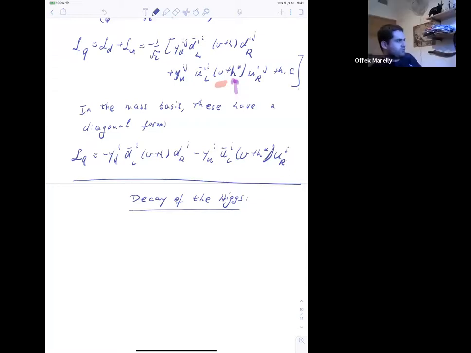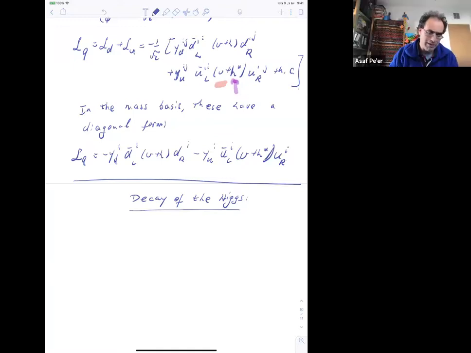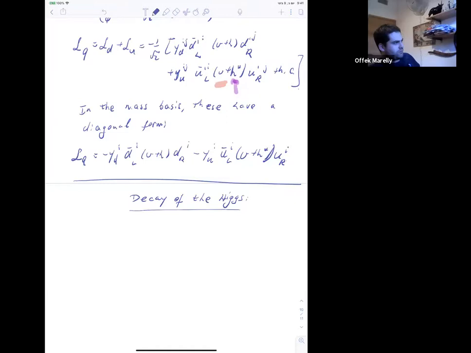Any massive particle? Any matter particle, that's true. All the standard model particles. But the couplings are proportional to the mass of the particle, right? Then what is the largest branching ratio? What particles do we expect the Higgs to decay most to? The most massive ones, very good.